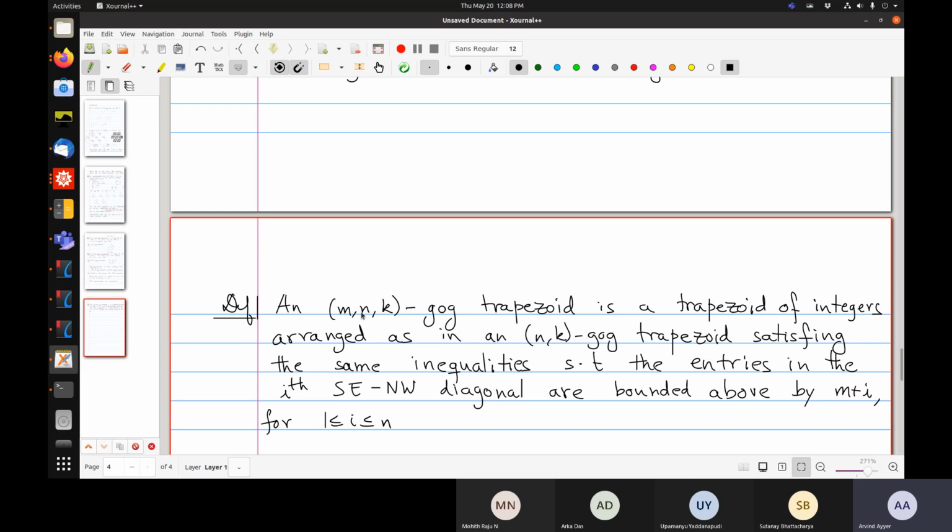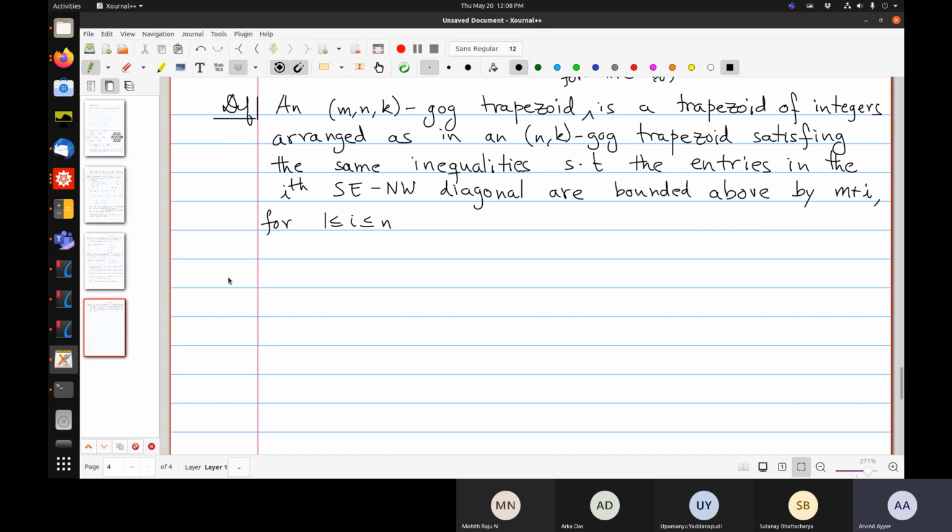So it's an nk gog trapezoid and m is an arbitrary integer. m and n can be 0 and 1 less than or equal to k less than or equal to n.